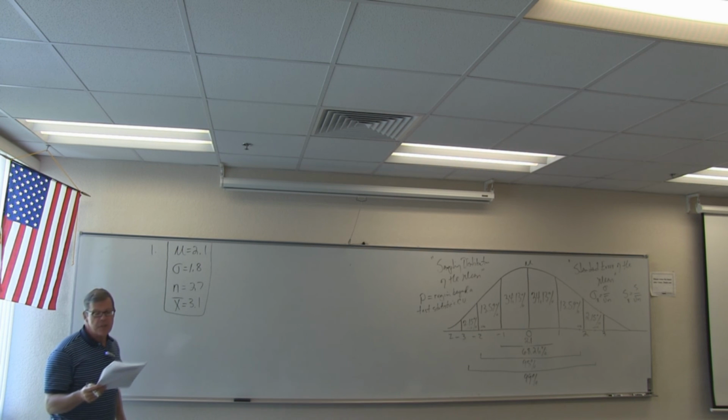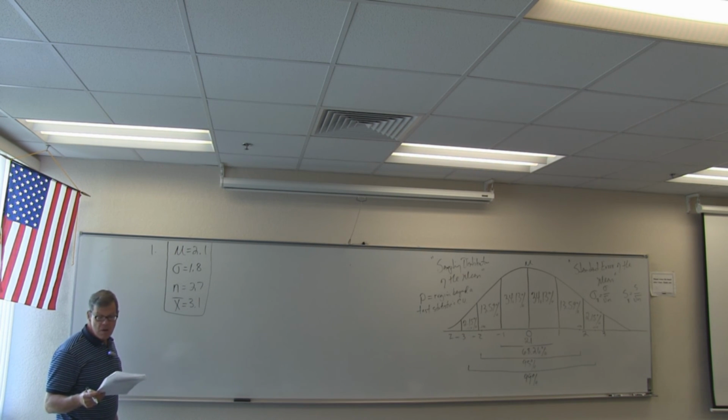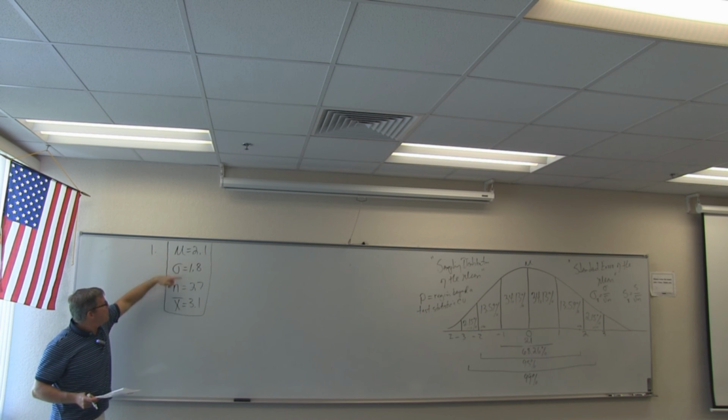Is Travis correct in assuming that the lobsters he caught are significantly heavier than those usually found in that location? Well, let's look at the data. It's obvious that, yeah, this sample mean is about a pound heavier than the population mean. I mean, I already know that.